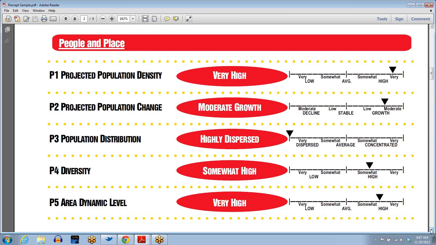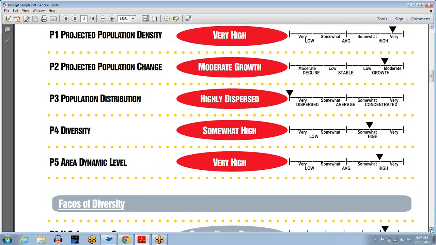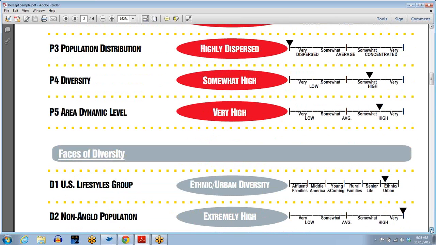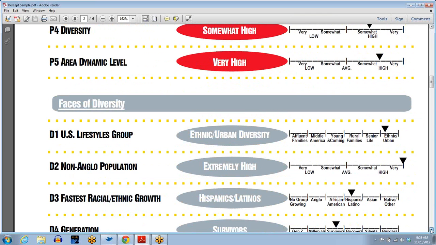As you look at how the people are put together, diversity is somewhat high, so you've got all different kinds of nationalities, skin color, backgrounds, and so forth. Then they deal with the dynamic level, looking at what's working together in the area to help you see the potential of the area, and they're saying it's somewhat high, very high.